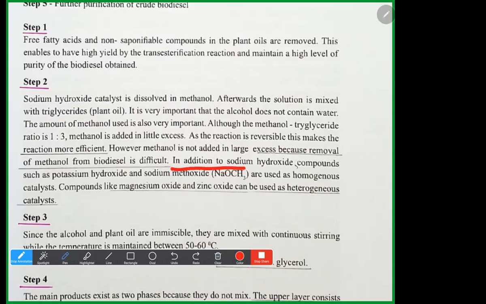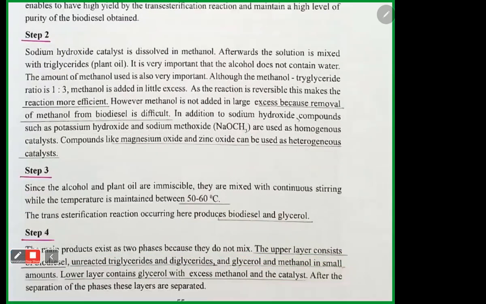In addition to sodium hydroxide, compounds such as potassium hydroxide and sodium methoxide, NaOCH3, are used as homogeneous catalysts. Compounds like magnesium oxide and zinc oxide can be used as heterogeneous catalysts. These are solids. Homogeneous means aqueous or liquid.